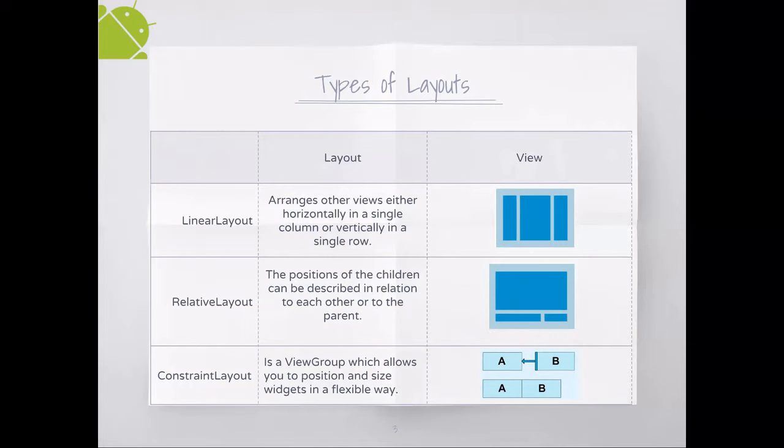However, sometimes it is important to have different kinds of designs. So usually you can nest two or more linear layouts, or you can use the relative layout, where the positions of the children are described in relation to each other or to the parent.